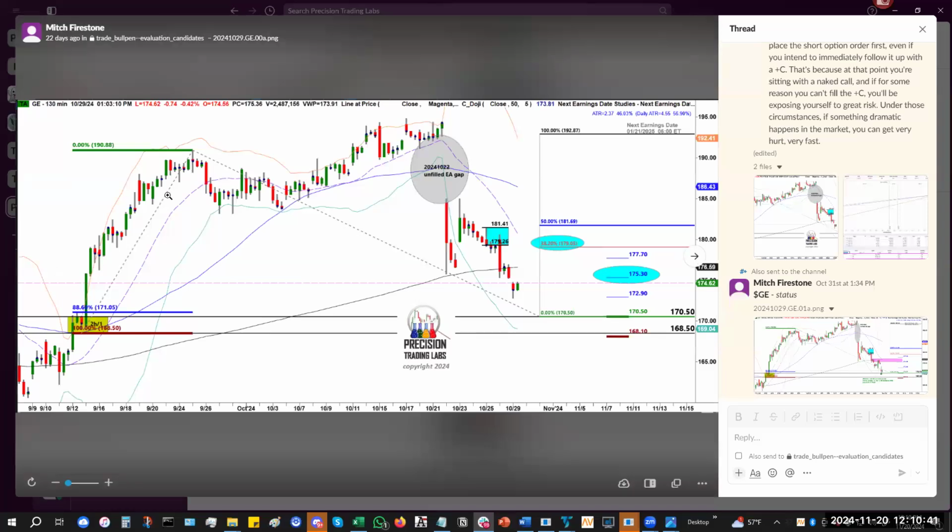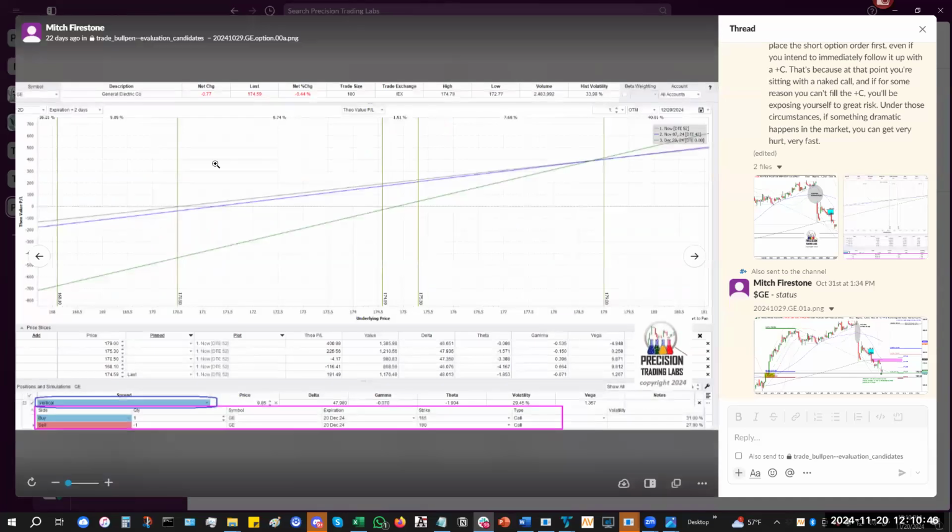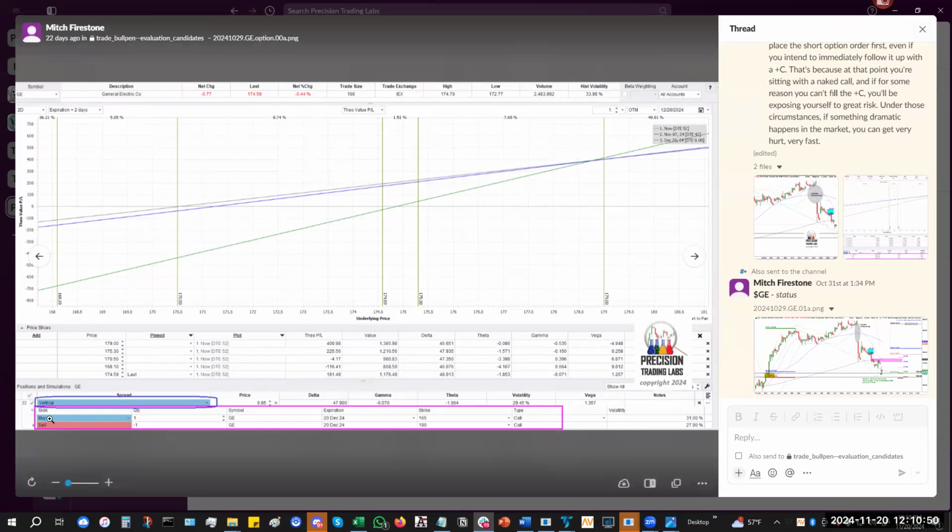We were waiting for price to return there, and when we put this up, in fact, this is actually the details about doing a vertical spread on this. And we talk about that with our subscribers as well.